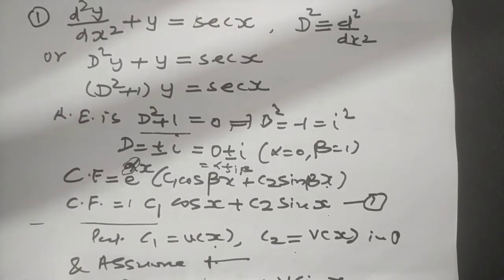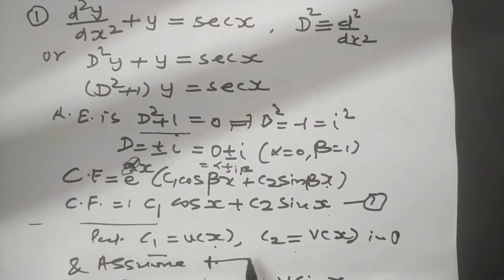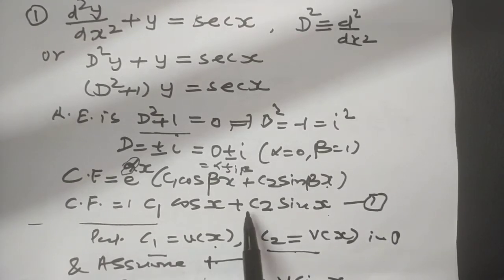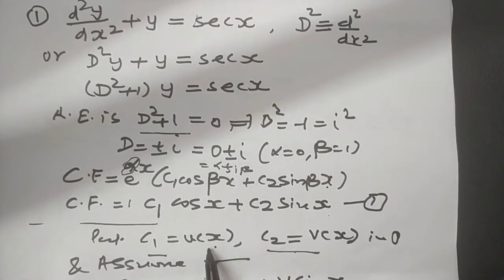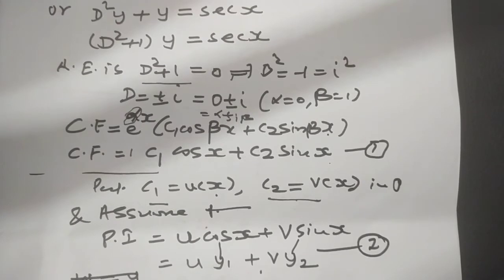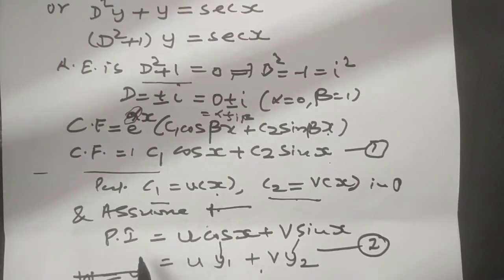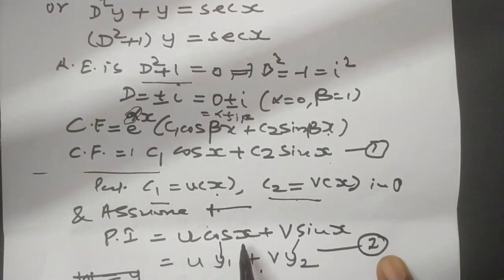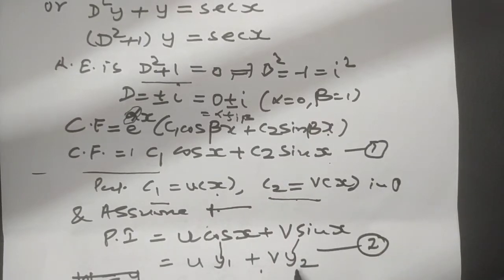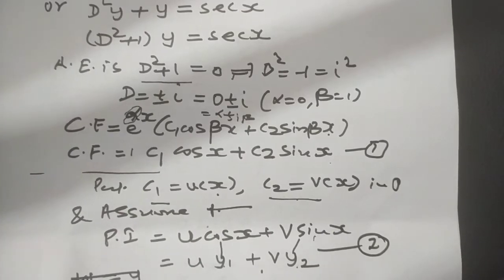But after finding this, we find the particular integral by varying these constants, by replacing the constants by u and v. So we put c1 is equal to u(x) and c2 is equal to v(x) in expression number 1. So you get it in the form u cos x plus v sin x, that is u y1 plus v y2, where y1 is naturally cos x and y2 is sin x.